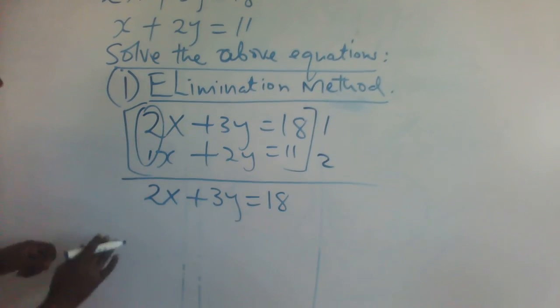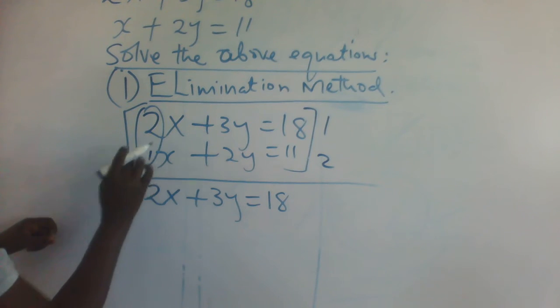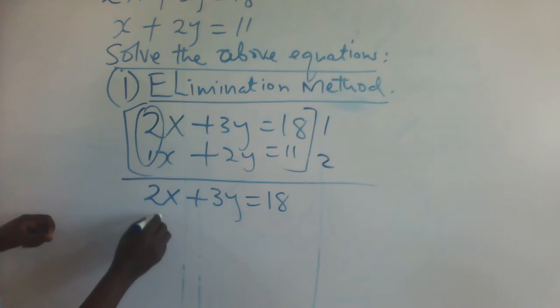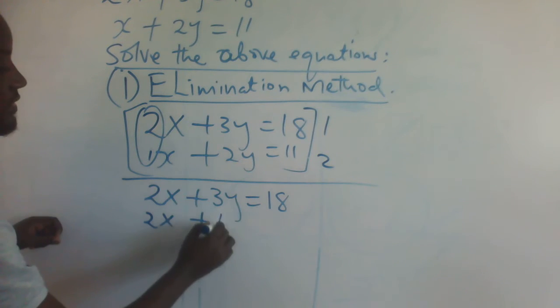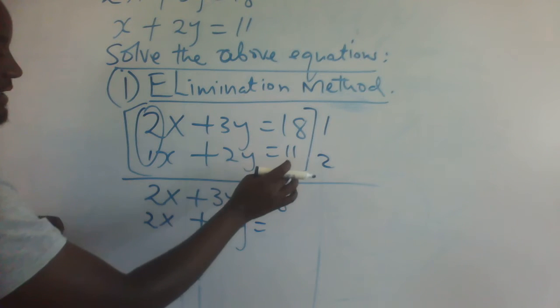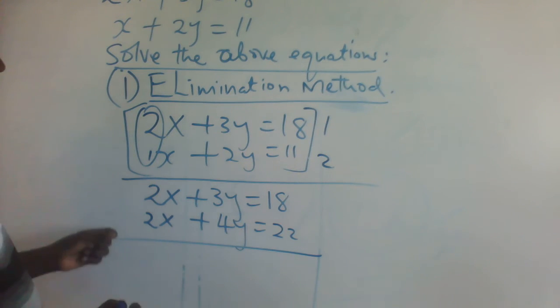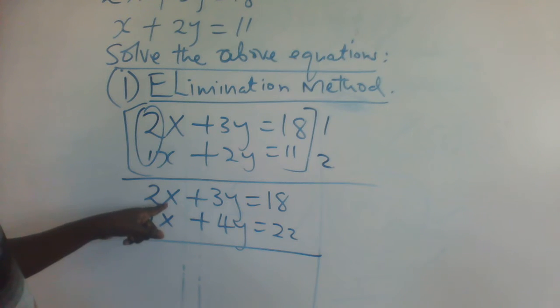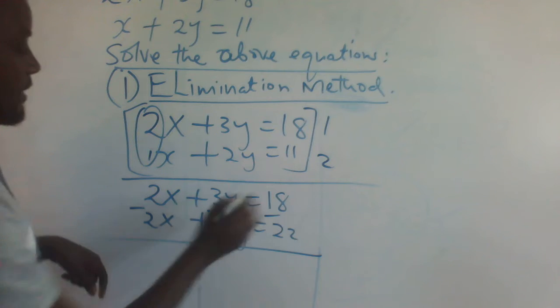Then from there, we go to the second equation, 2 times 1x. This is 2x plus 2 times 2y, 4y, equals 2 times 11. This is 22. Then we decide on how to eliminate this x. It is through subtraction. Subtract all of them.